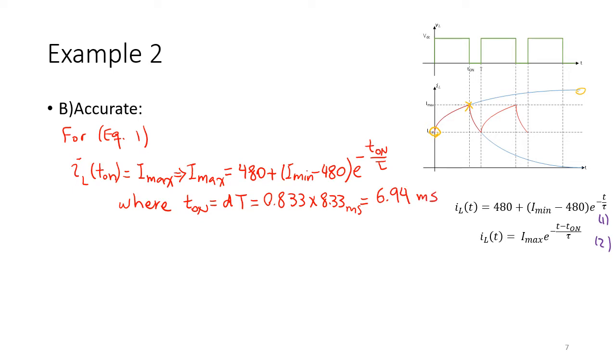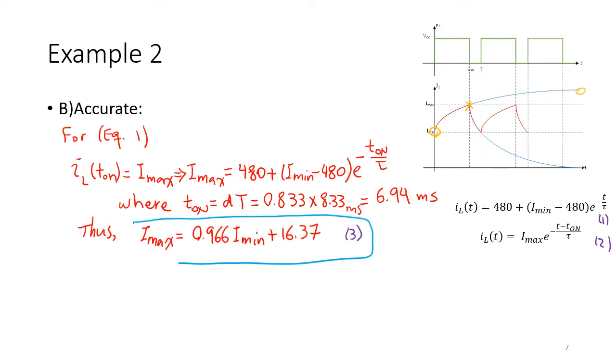So if you put the numbers there, we will have I max equal to 0.966 I min plus 16.37. Let's call this equation 3 and save it for the near future.